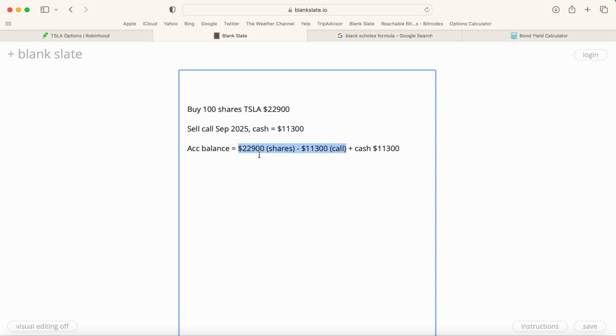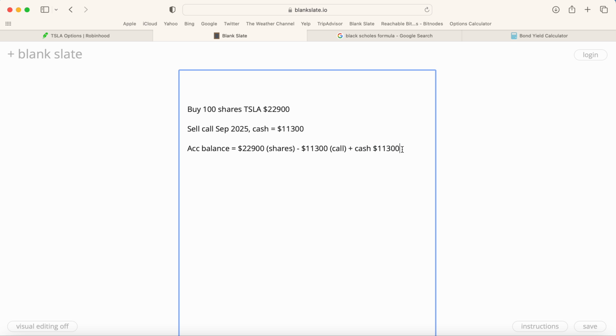This value is going to decrease, but this negative number is going to decrease as well. In other words, adding value to your portfolio. But this portion here is going to remain fixed. Why? That is cash. That is not trading. That is just cash sitting in your account.